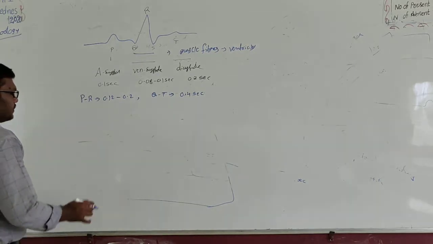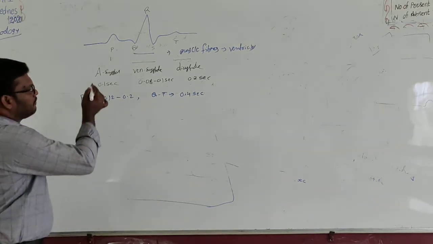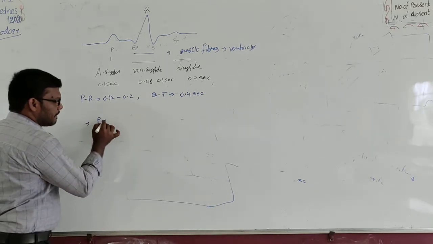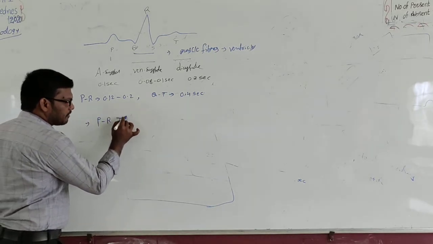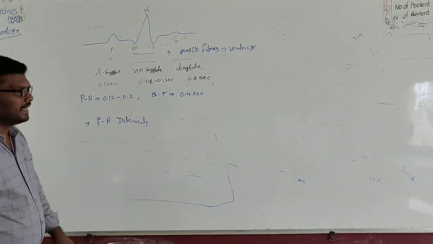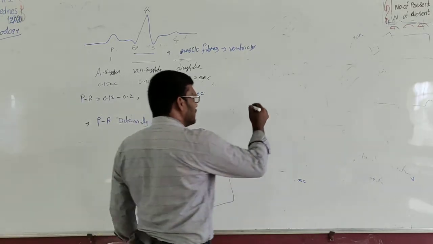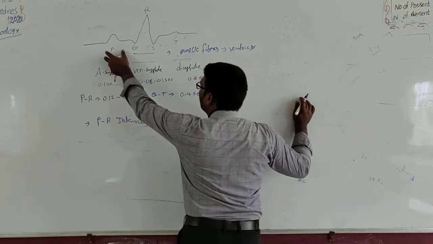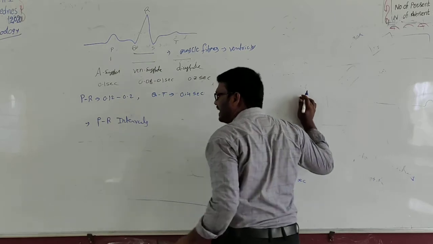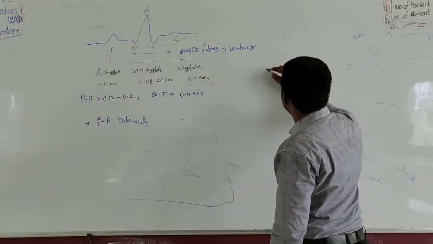Now here the first one, suppose when this PR interval is not proper. See, when PR interval is not proper, it indicates, as I already said, the atrial systole condition.